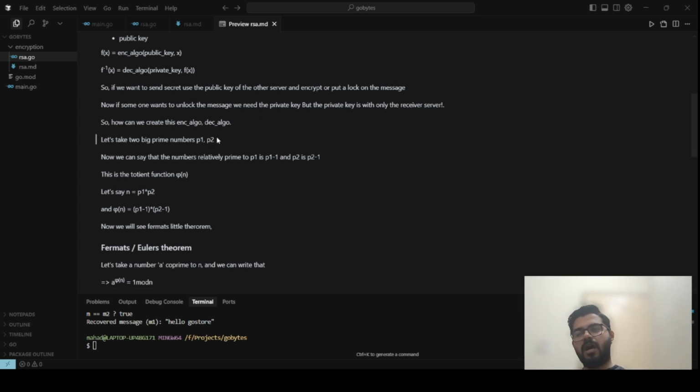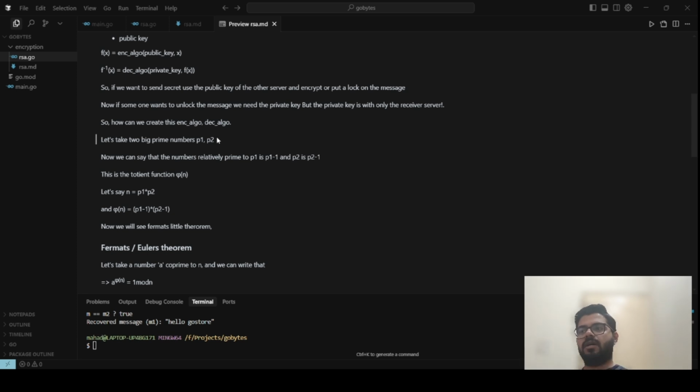So how do all these things come together? This goes with prime numbers, coprimes, Euler's totient function, all these things. Let's say we have a prime number p1, and its totient function is p1 minus 1, and for p2 it is p2 minus 1.